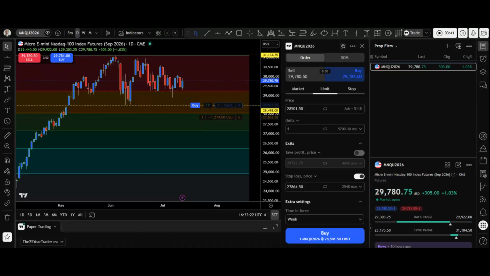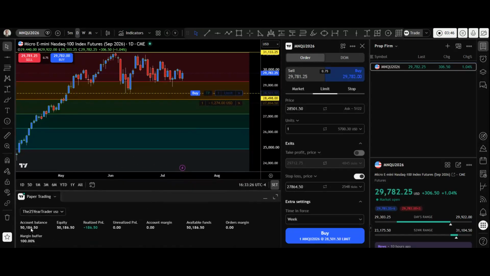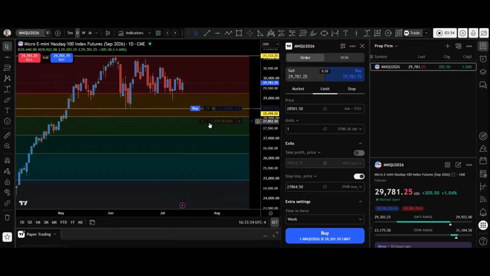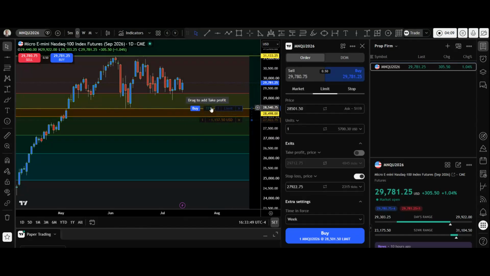But in this case, because we're using a prop firm example, let's just say we had $50,000 and we want to risk 2%. We want to risk like 1,000 to 1,200. That's right in that 2% range. So I'm going to risk $2 a point times one contract, and that'll give me about 1,100, $1,200 risk.